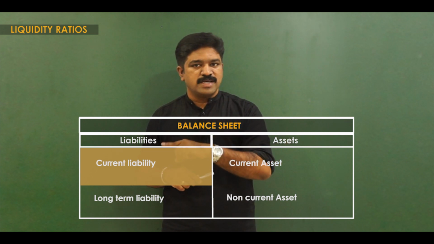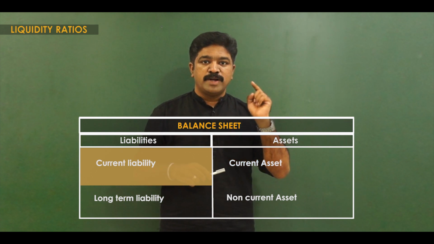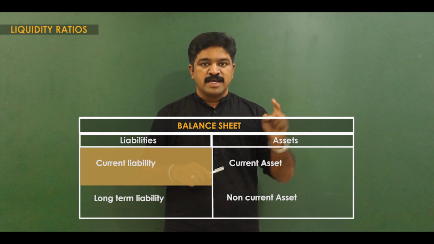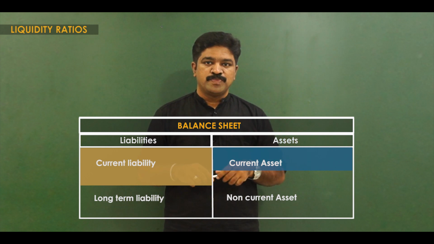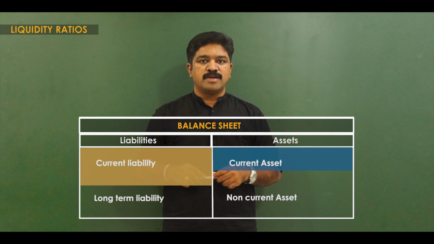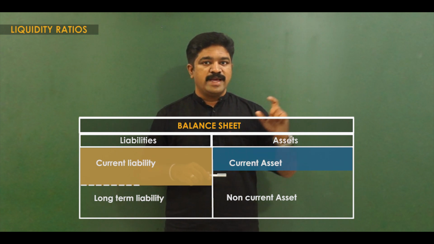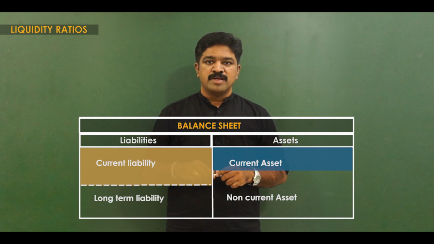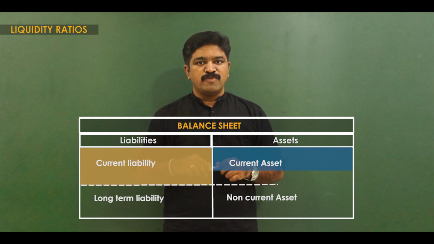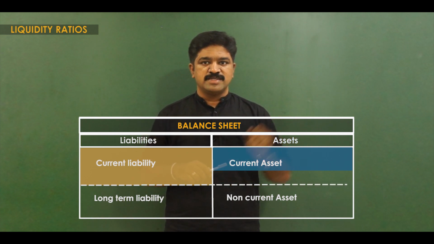For meeting this current liability you have to be dependent on current assets, and let's say current assets are only this much. It means now you are in trouble. Why? Your current liability is more than your resources. That is, you have to pay more, but for paying more, you have less current assets.